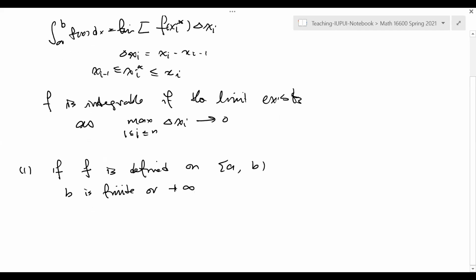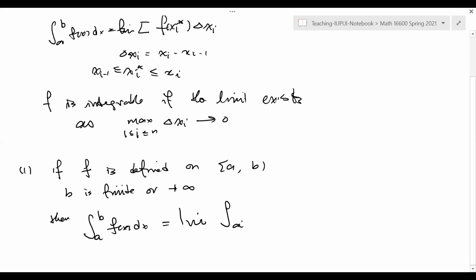That means f of b is not defined, or b is infinity. For example, b could be 1, or it could be infinity. Then how do we define this integral?